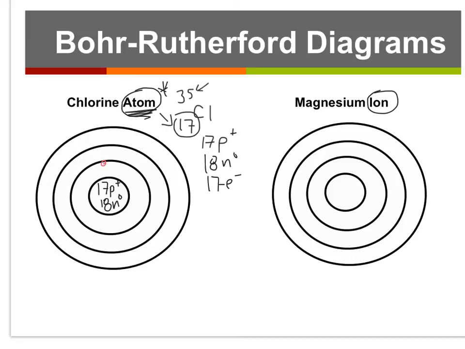Remember, in our first shell, we can put 2 electrons. So we're going to just draw those in there. Our next shell fits 8, so let's put 8 in. Now I pair them up, but as long as you have 8 within that orbit, I will accept that diagram.